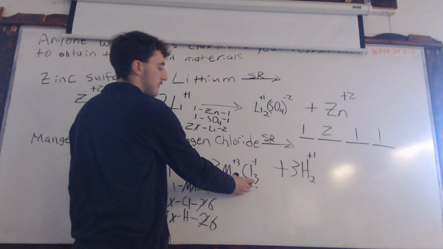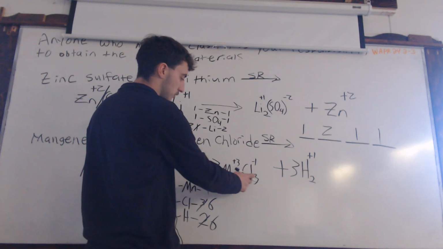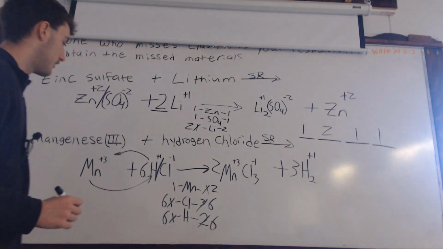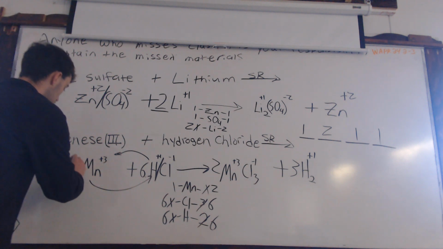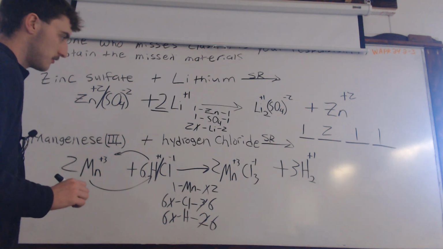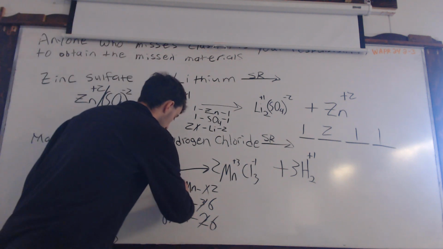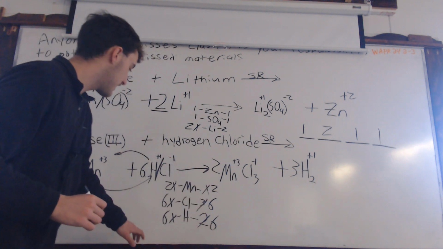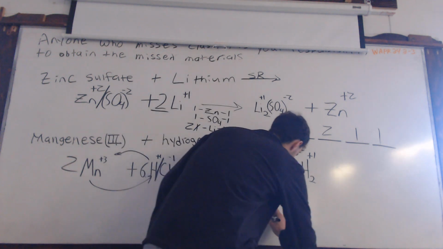But when I added the 2 to the chlorine, it made my manganese 2. So to make my manganese 2 on the reactant side, I have to put a 2 in front of it. And so, there we go. So now I have 2 manganese, 6 chlorine on both sides, and 6 hydrogen on both sides. So it's balanced.